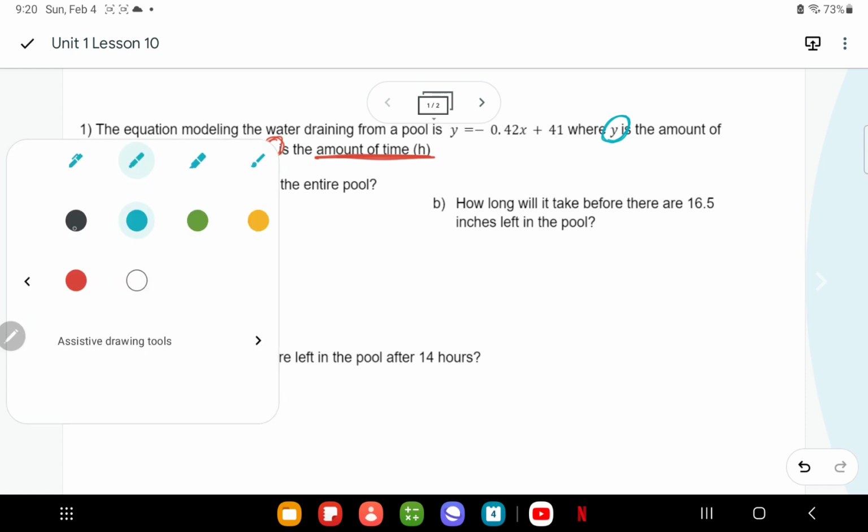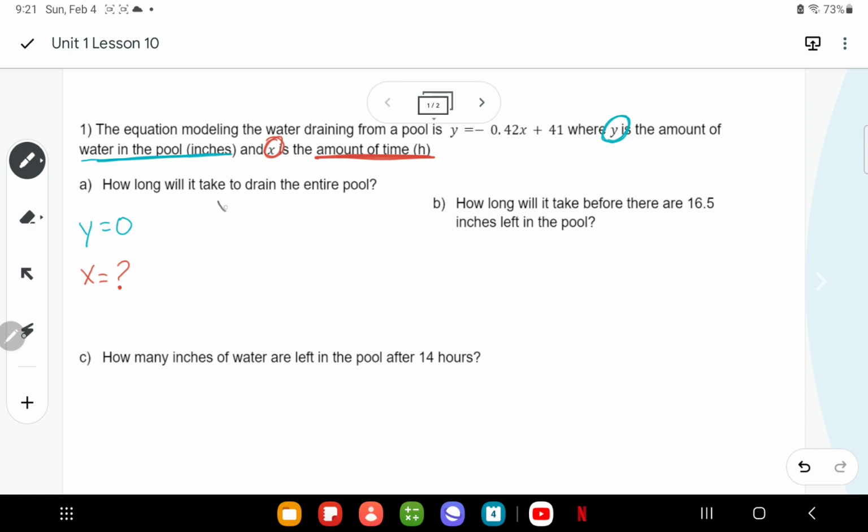So I'm going to write out my equation. Y equals negative 0.42x plus 41. Now I know that the y, my height, is going to be 0. So 0 equals negative 0.42x plus 41.